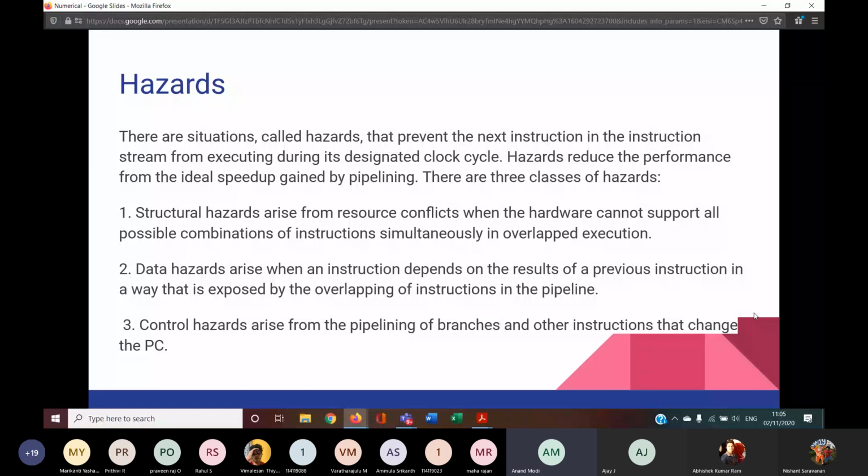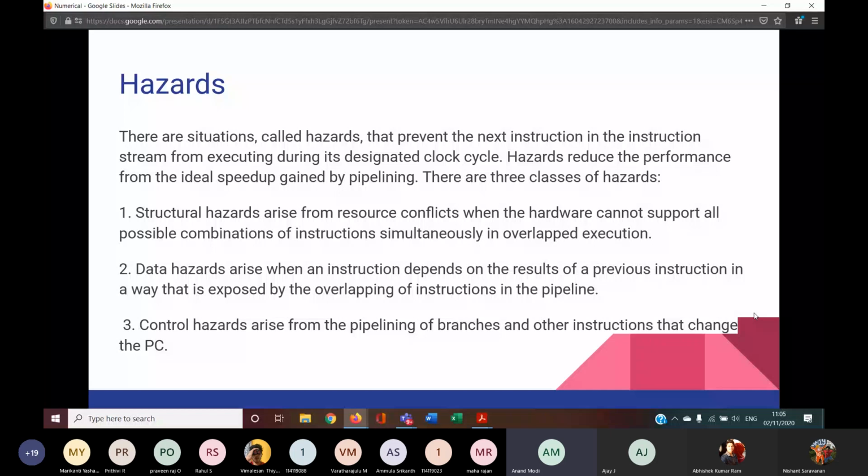The first is structural hazard, which arises from resource conflicts. That is, two instructions are competing for one particular resource, so there's a conflict over which instruction gets it. The hardware cannot support all combinations of instructions simultaneously in an overlapped execution.